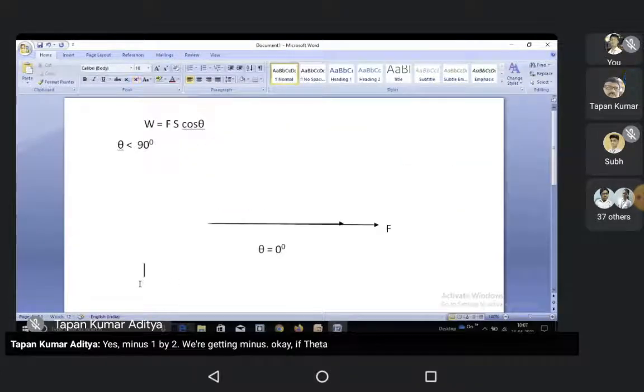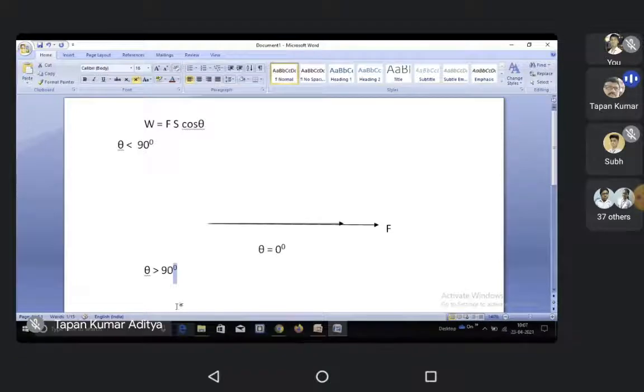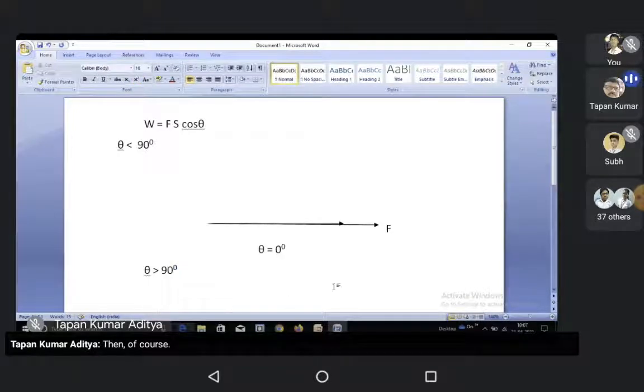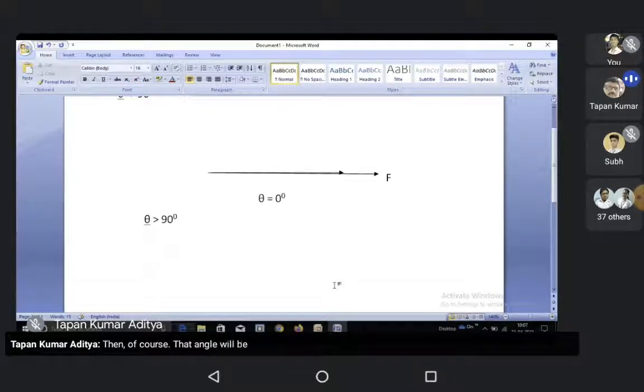If theta is greater than 90 degree, then cos of that angle will be a negative value. For example, cos 120 degree is minus half, that is minus 0.5.